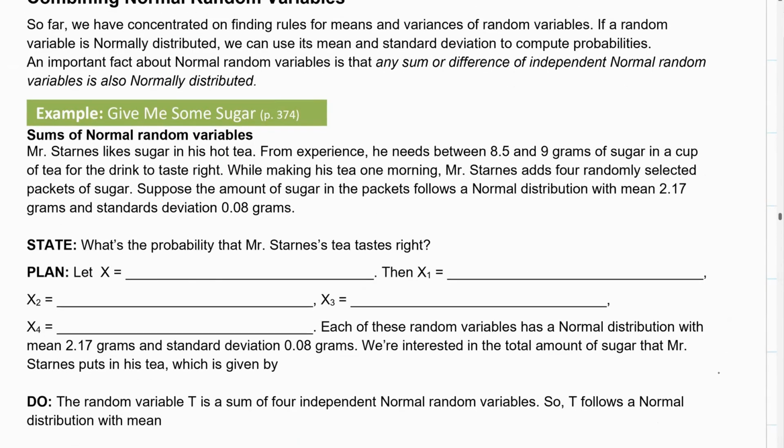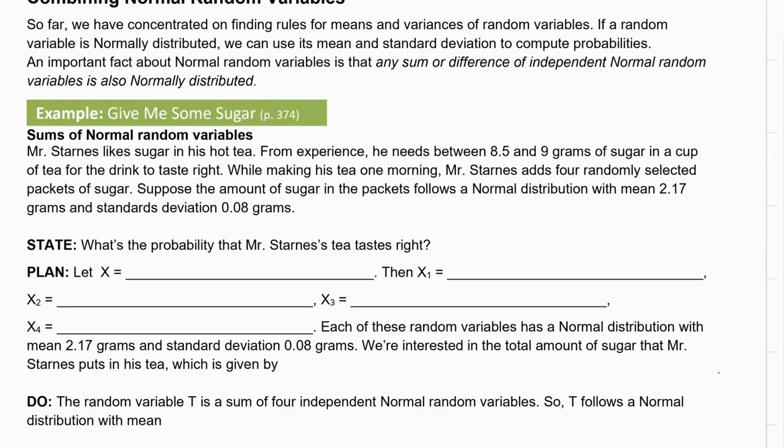All right, let's go ahead and try some other situations. We did all of these examples using a discrete probability distribution, but just know that all these rules apply also to continuous random variables. For example, Mr. Starnes likes sugar in his hot tea. From experience, he needs between 8.5 and 9 grams of sugar in a cup to make the tea taste right.